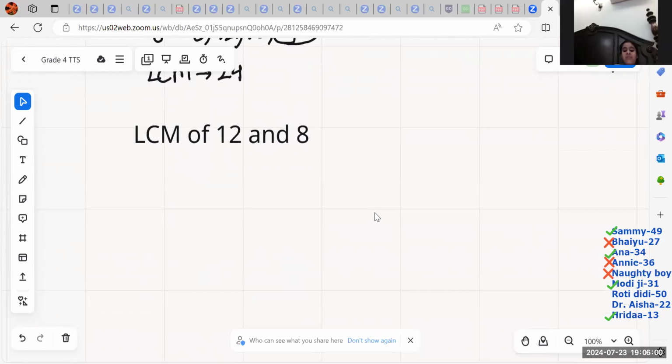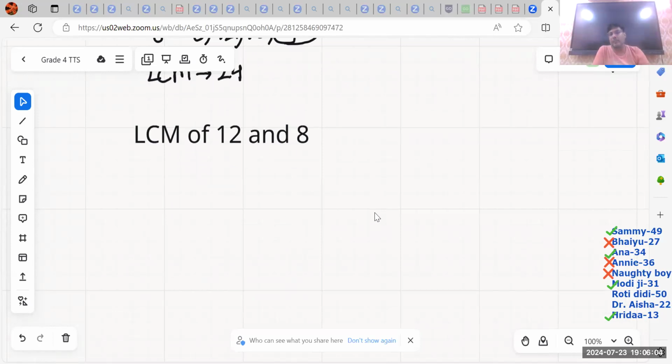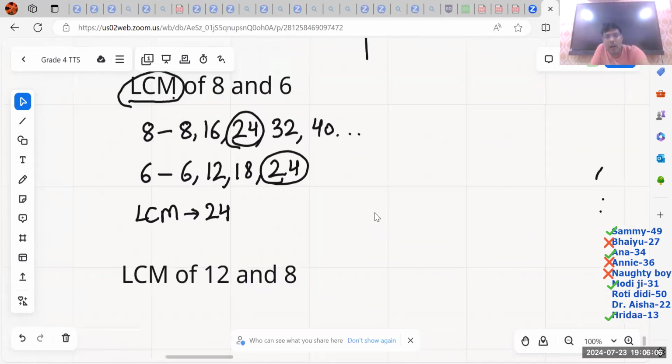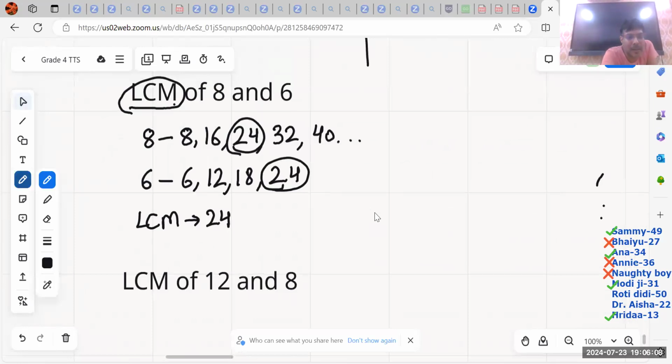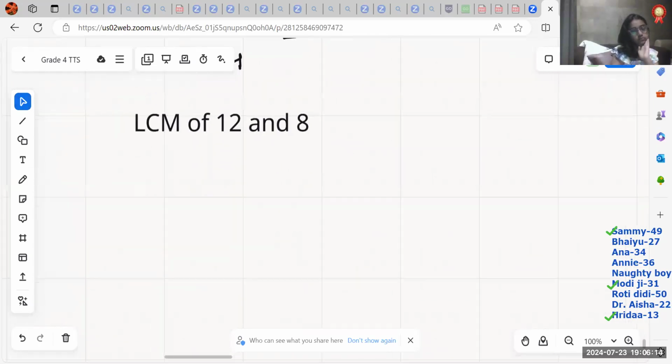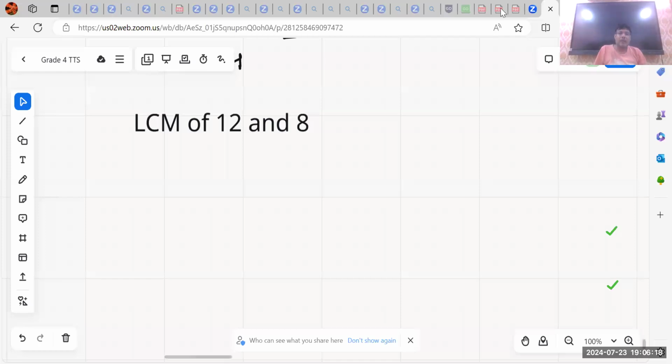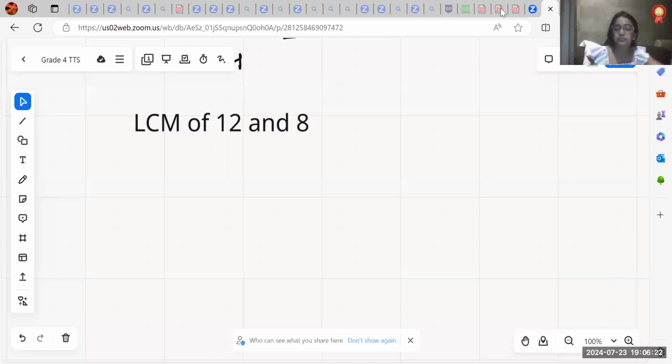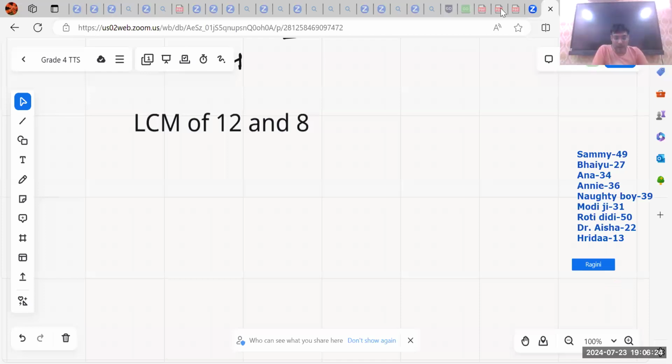We have to just send the LCM, the lowest common multiple, the smallest multiple. After some practice, for smaller numbers like these, you can find it orally.